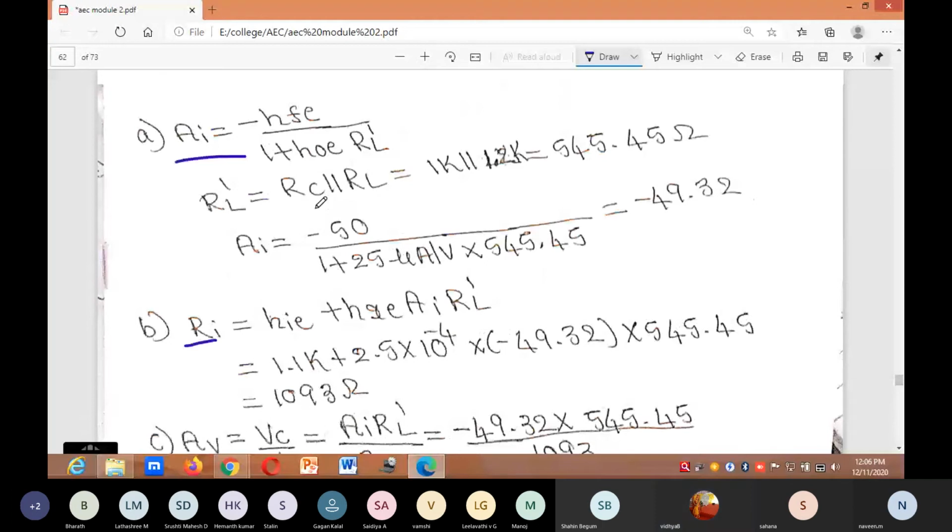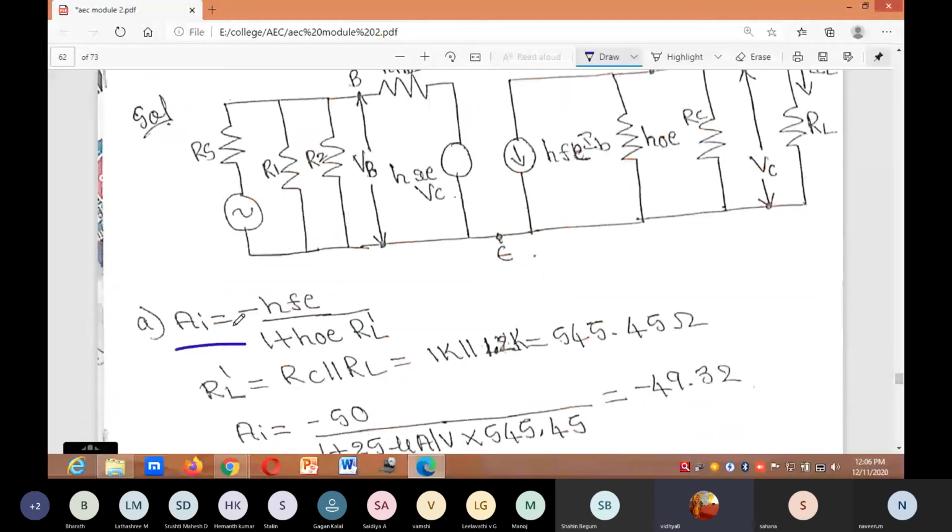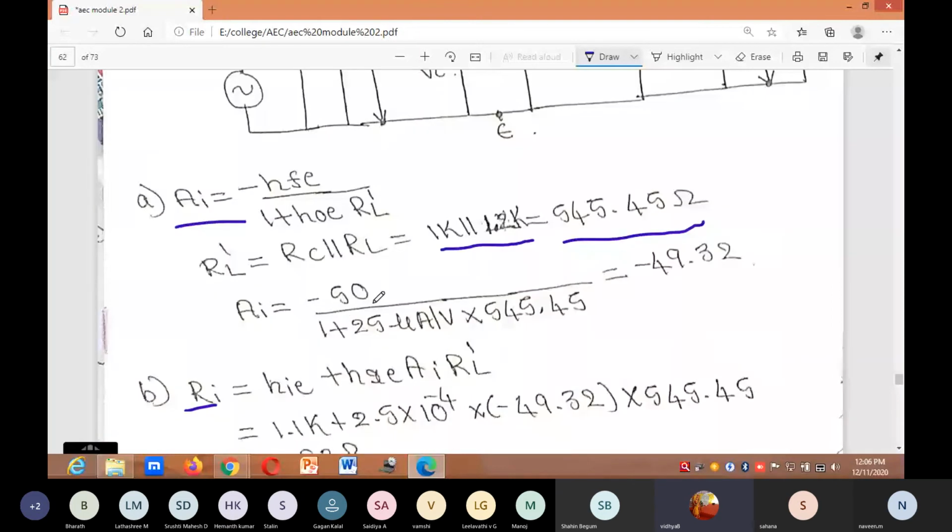Okay, AI is equal to what? Minus HFE divided by 1 plus HOE into RL dash. What is RL dash? RL dash is equal to RC parallel with RL. So 1K parallel with 1.2K, you will get 545.45 ohm. AI is equal to minus 50 divided by, we know that HFE value is 50.